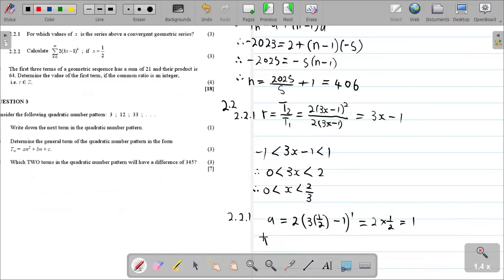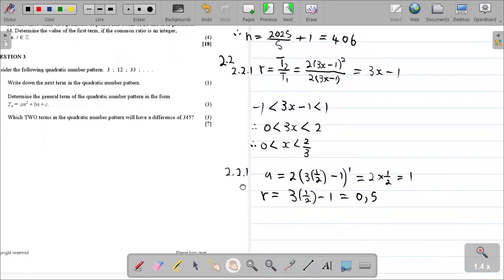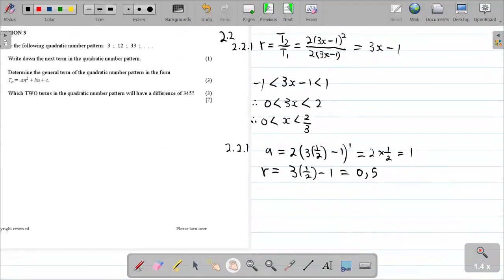And then we have to find r, okay? R, which is 3x minus 1. So we're going to say 3 and then into 1 over 2 minus 1. Then the r is going to be 0.5. So now when we do the sum to infinity, we know that the sum to infinity is equal to a over 1 minus r.